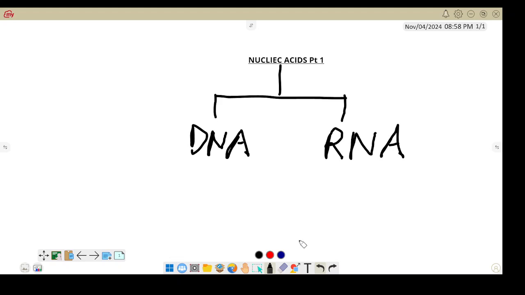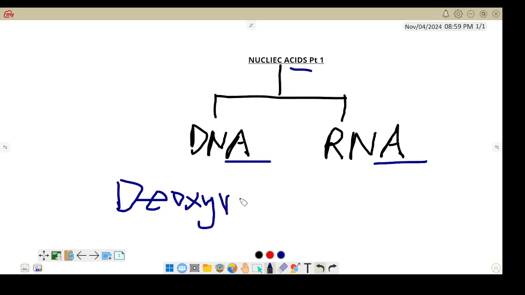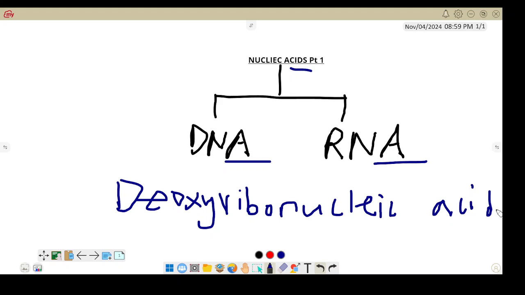DNA is deoxyribonucleic acid. This A is acid, so remember, we're dealing with acids. One thing you will notice is that this is actually our topic, nucleic acid.